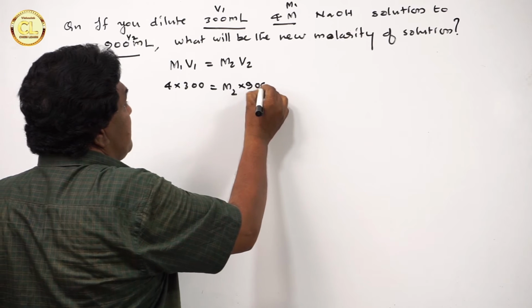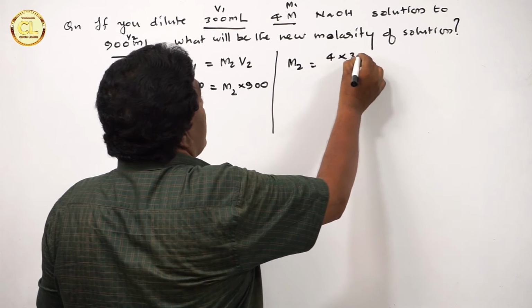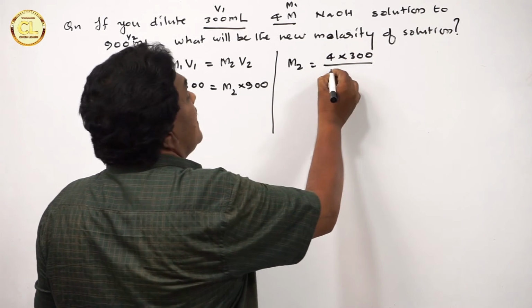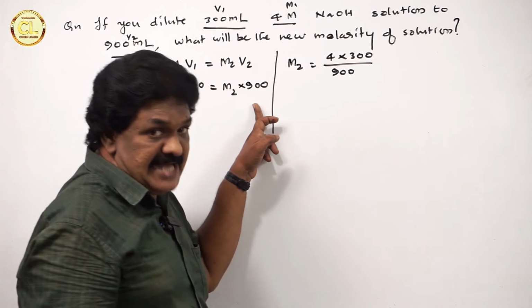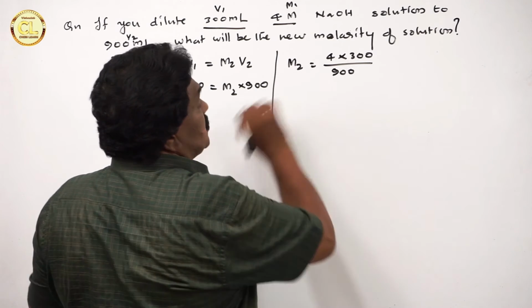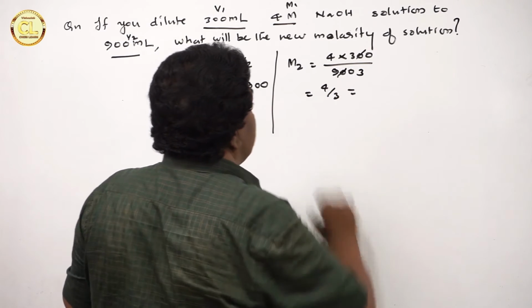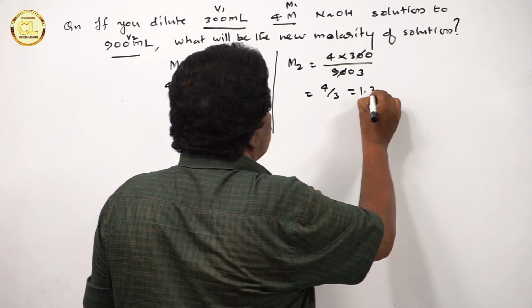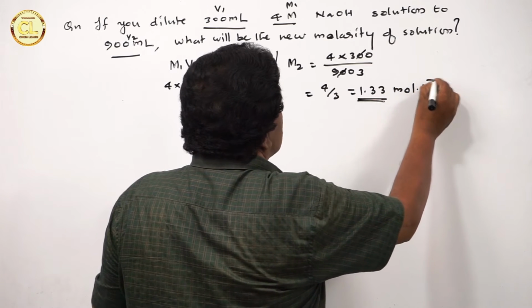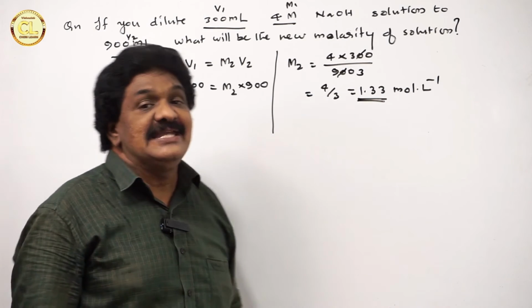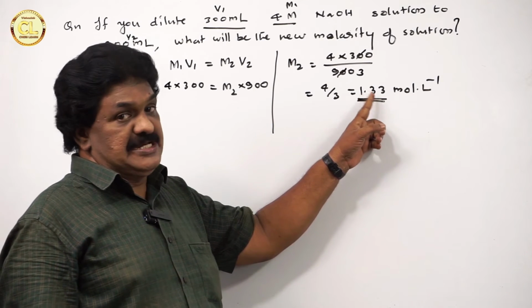So M2 is equal to 4 into 300 divided by 900. That is 4 by 3, equal to 1.33. So, the molarity of the new solution is 1.33 mole per liter.